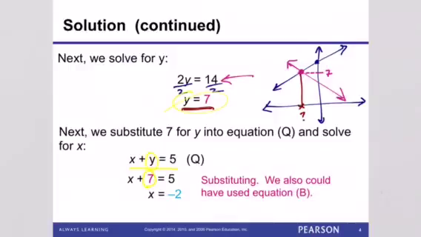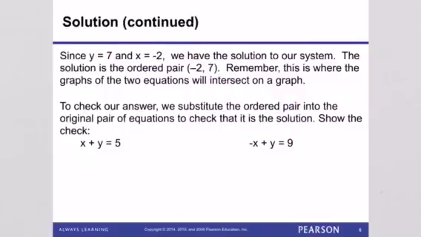I solve it by subtracting 7 from both sides, and I get x equals negative 2. What that tells me is that this point right here must be negative 2. Okay, and we have our solution, which is negative 2, 7, and that's where the graphs intersect.